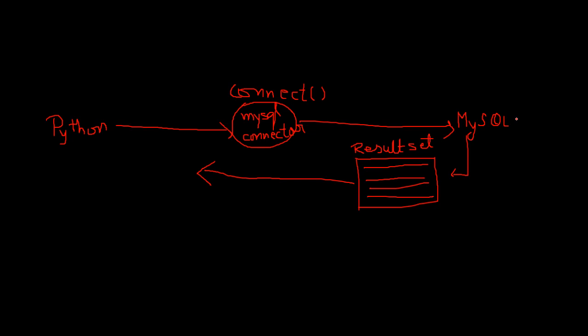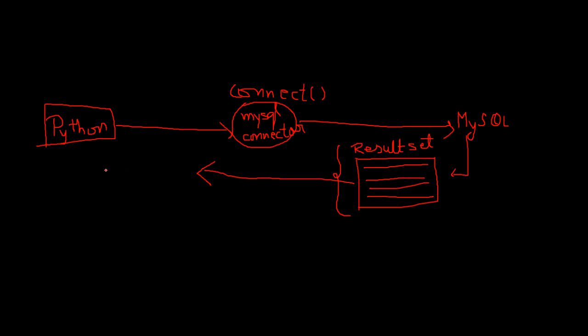It stores them in the result set and sends the result set to Python. Now in Python we want to access the records one by one.